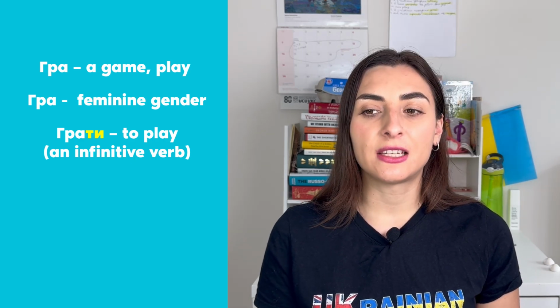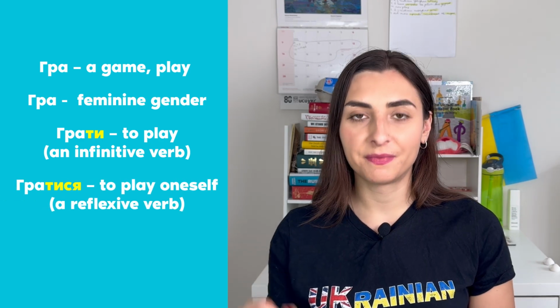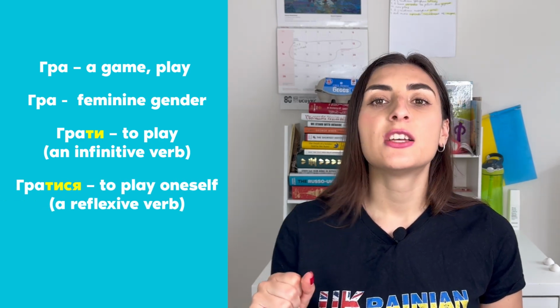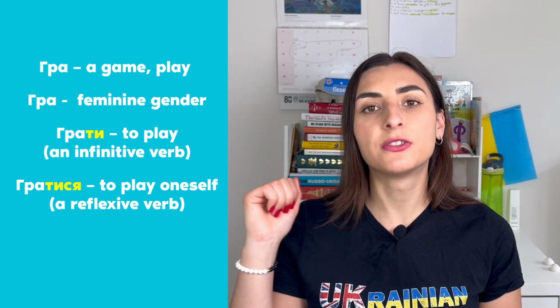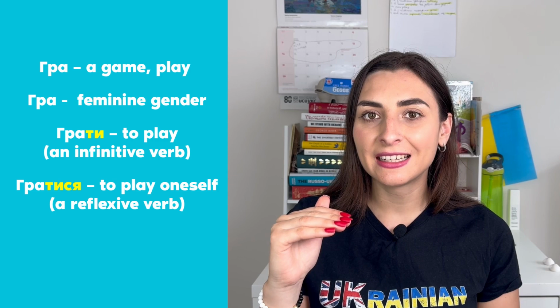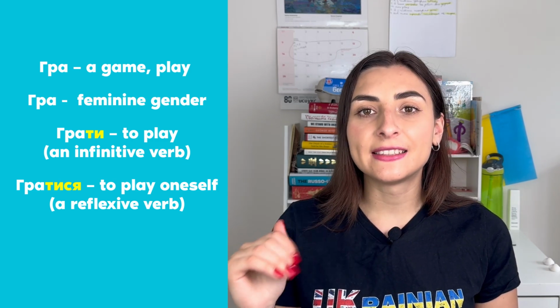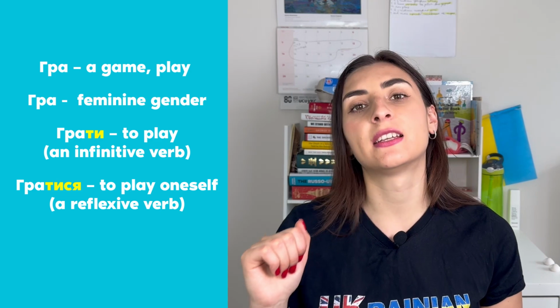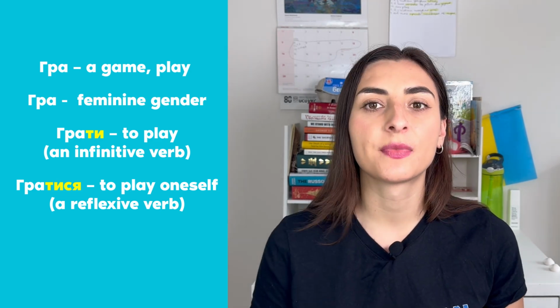If we add to this infinitive form the reflexive ending ся, гратися, it means to play oneself. So you can see how we do this formation. Гра, a noun. Грати, ending ти, the infinitive verb. Гратися, the reflexive verb.